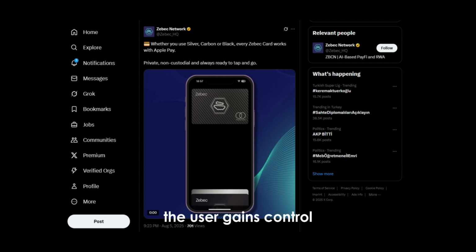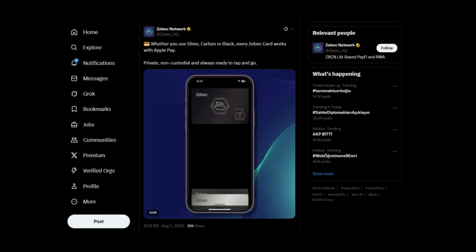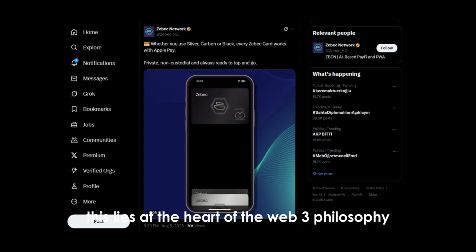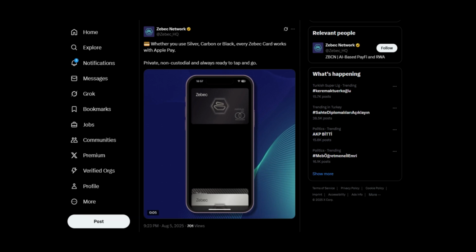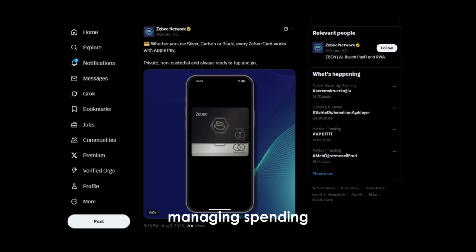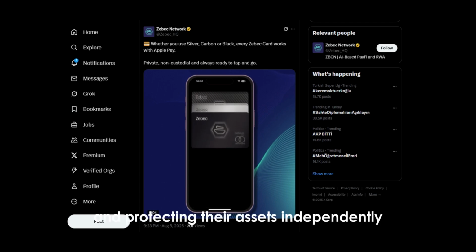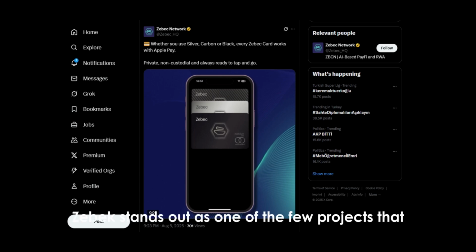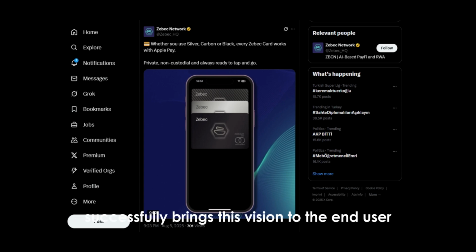The user gains control, uses the system without relying on anyone, and enjoys greater financial freedom. This lies at the heart of the Web3 philosophy. Every individual becomes their own bank, managing, spending, and protecting their assets independently. With Apple Pay integration and card models, Zebec stands out as one of the few projects that successfully brings this vision to the end user.